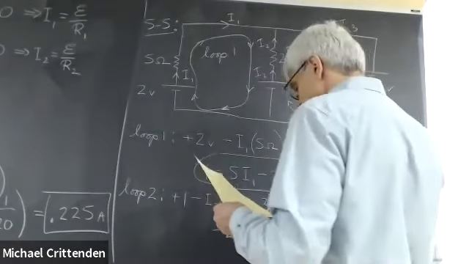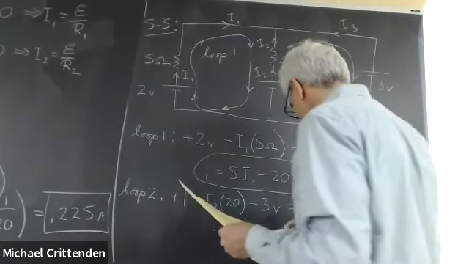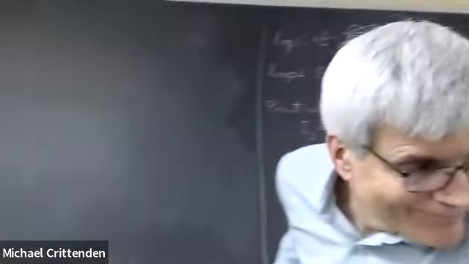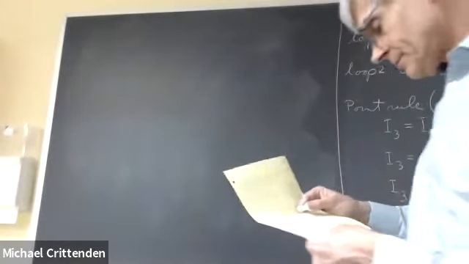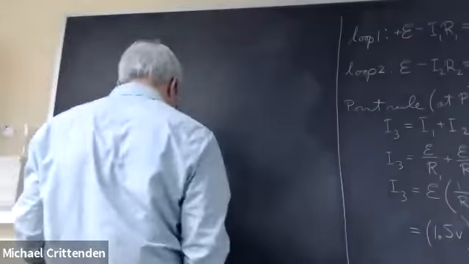I'll add the 20 I2 to both sides. Divide both sides by 20.